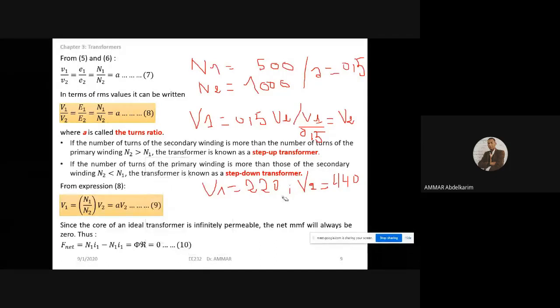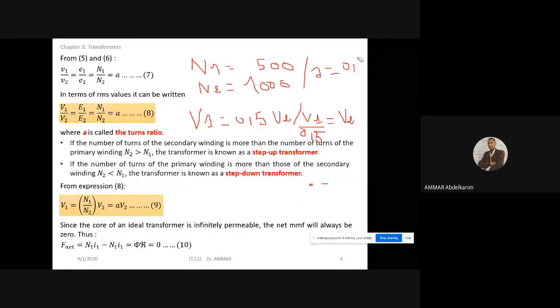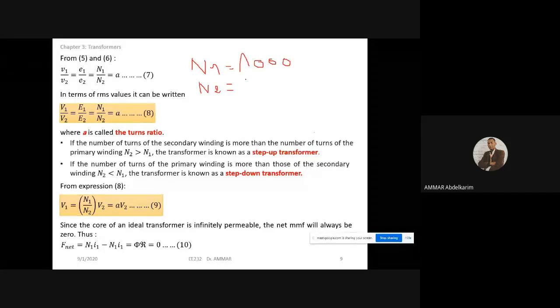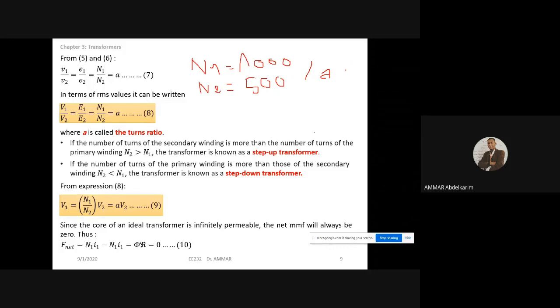The second, let's switch now. Let's consider that N1 is 1000 and N2 is 500. Here A equals 10 over 5, which is 2.